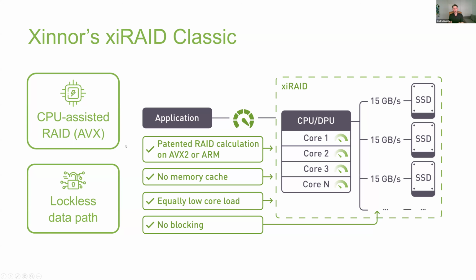So we have our own way of data placement and our own way of doing parity calculation. And by the way, it's equally effective for all RAID levels. So it's not only about XOR in RAID 5. It's the same for RAID 6 and even for RAID N+M.